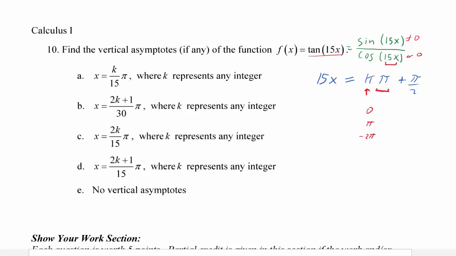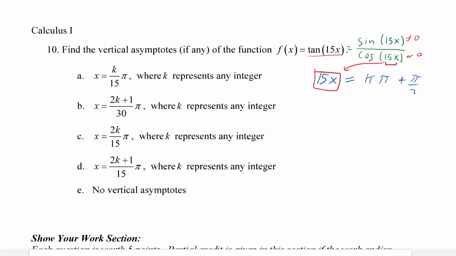All those values, but we want to shift it over to the right pi over 2, so we add pi over 2. So cosine is equal to 0 at pi over 2, at 3 pi over 2, and at -3 pi over 2. All of those values, for any k that you want to plug in. That's when cosine has a vertical asymptote. We're taking cosine of 15x, so we want to find the x values for which this has a vertical asymptote.